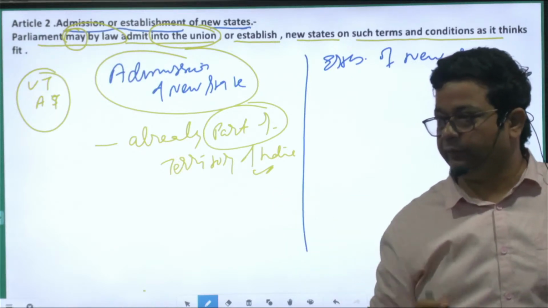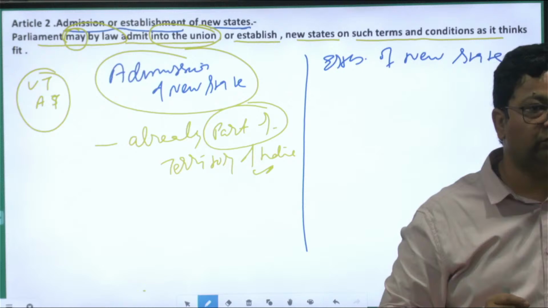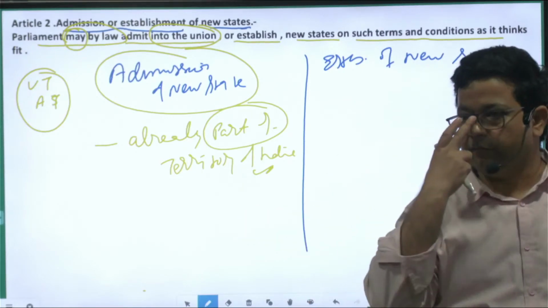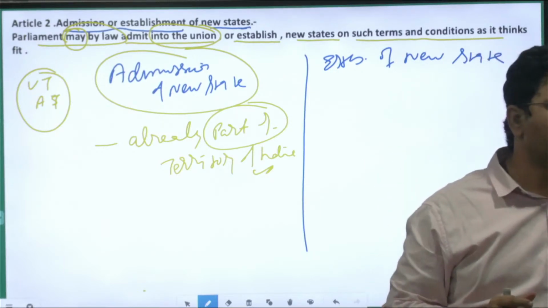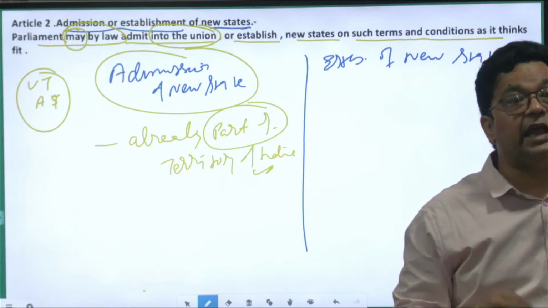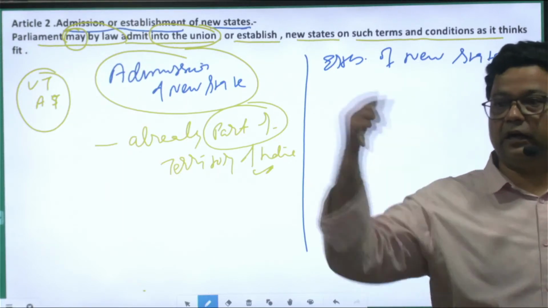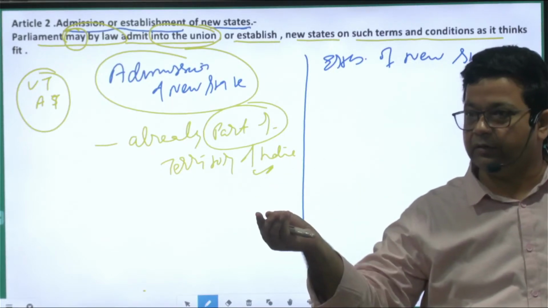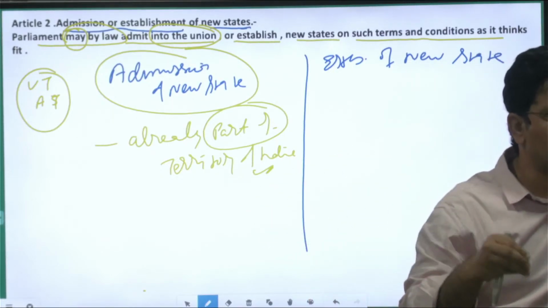Is it clear, ma'am? Any doubt? Like I have given you the example also, UTs of Delhi or Jammu Kashmir, they are demanding the statehood, right? So even any acquired territories, like Goa, acquired territories directly administered, can be admitted into the union of states as a state.